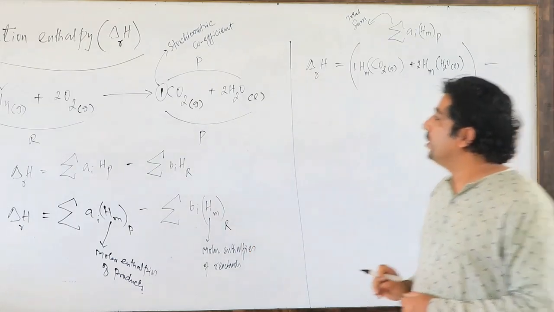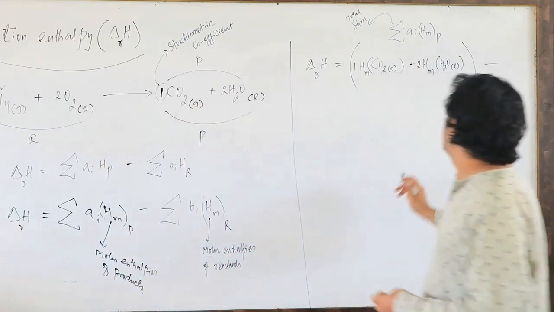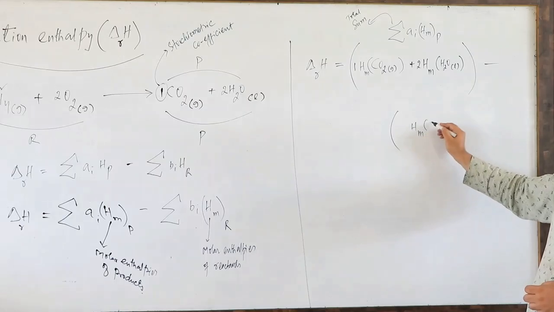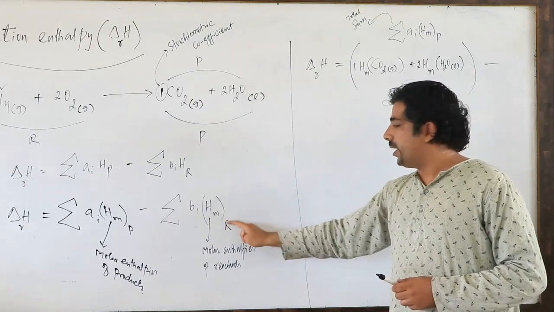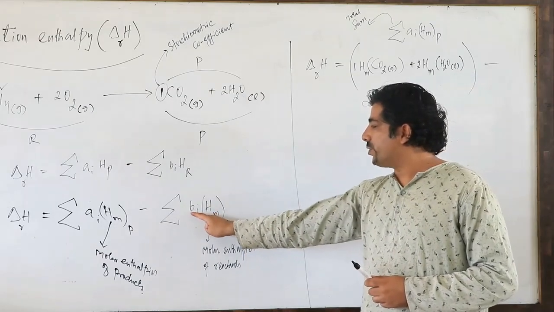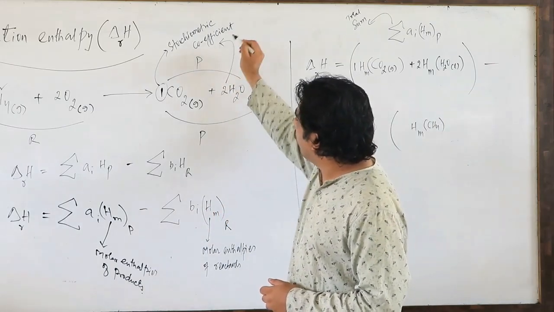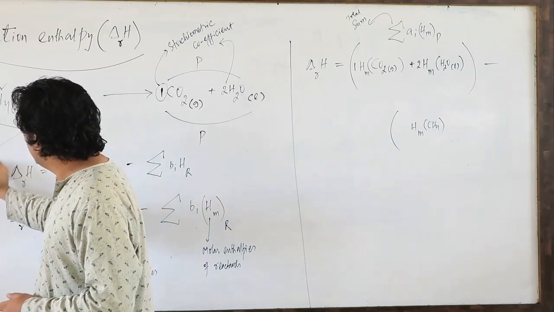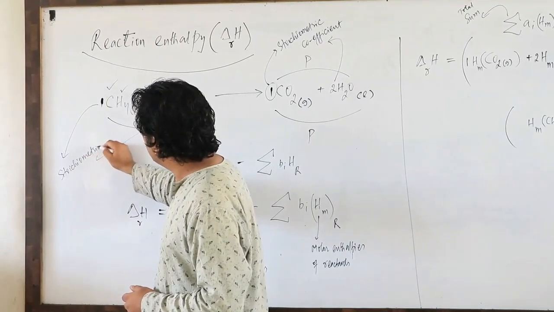These are my reactants, methane and oxygen. So I will take the molar enthalpy of methane. Yes, I took HMR, the molar enthalpy of methane. Now I need the stoichiometric coefficient vi. Here this is the stoichiometric coefficient for products, and this 1 and this 2 are the stoichiometric coefficients, which represent the number of moles.